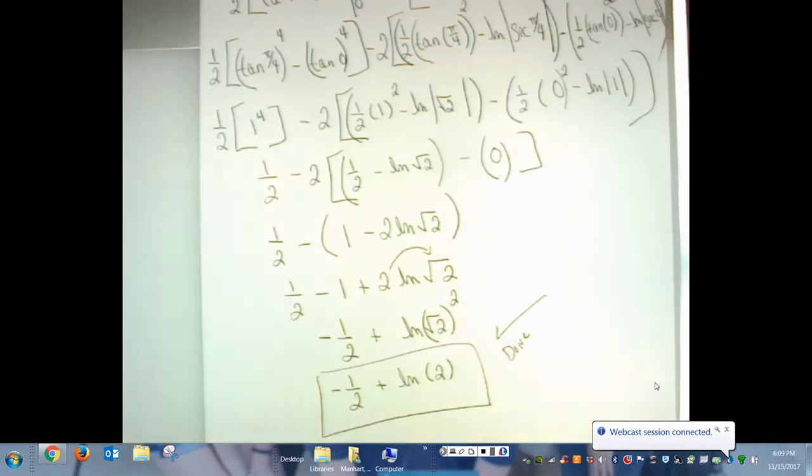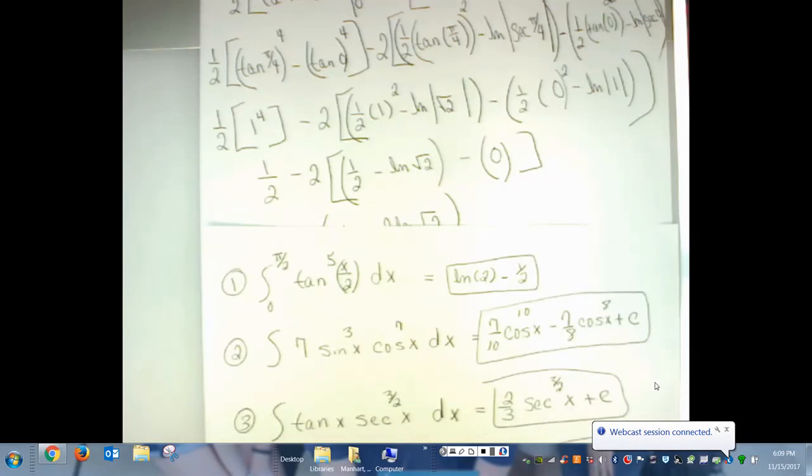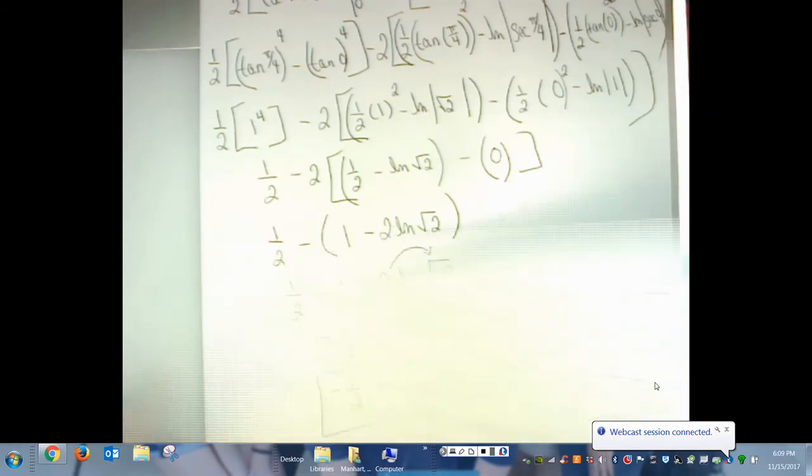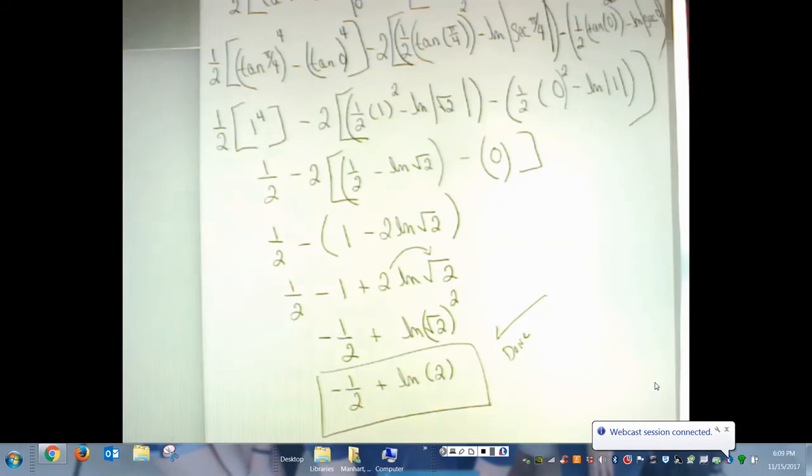Again, what was so difficult is we had to use the reduction formula for tangent to the power of n. And in doing so, we resulted with an integral that was the tangent to the power of 3, or cubic. But thankfully, there was a blue box formula for that already, so we didn't have to go through the reduction formula yet again.